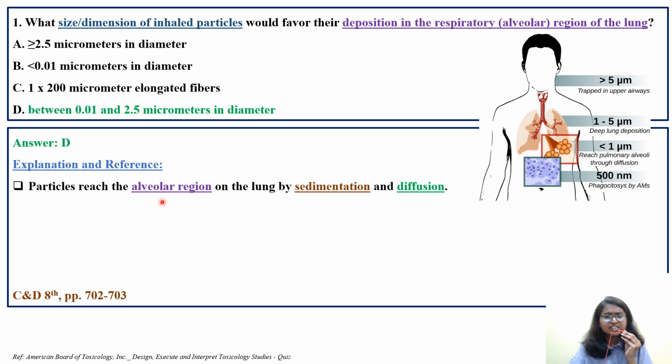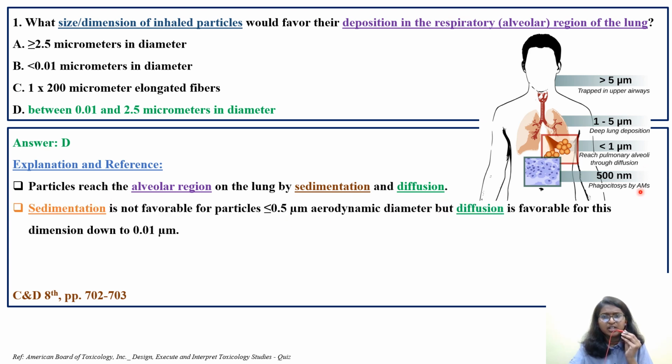The particles reach the alveolar region of the lung by sedimentation as well as diffusion. Sedimentation is not favorable for particles less than or equal to 0.5 micrometer aerodynamic diameter, but diffusion is favorable for this dimension down to 0.01 micrometer. So for 0.5 down to 0.01 micrometer, diffusion takes place.